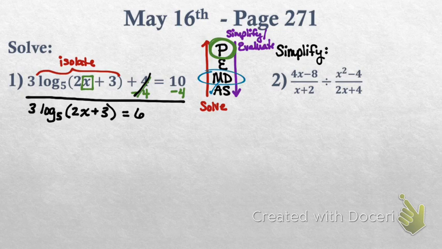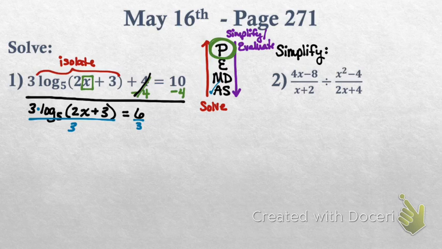What about multiplication or division? Is there any multiplication or division that's not inside parentheses? The 3. That 3 out in front of the log is being multiplied there. So how am I going to get rid of that? How do I undo it? Divide. We're going to divide both sides by 3.